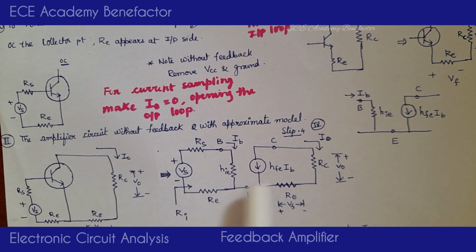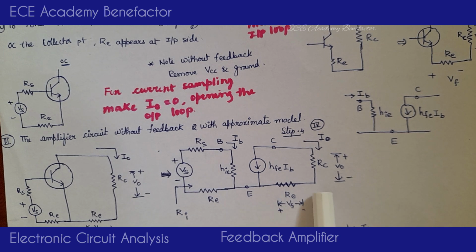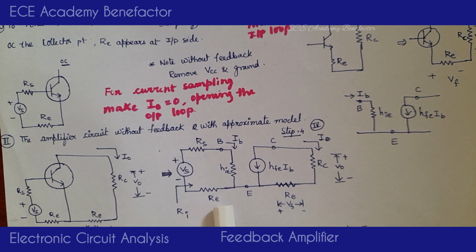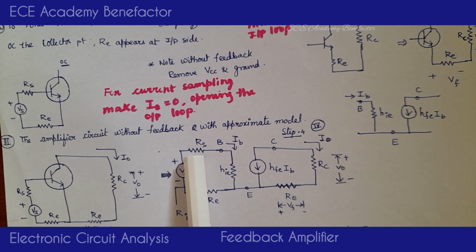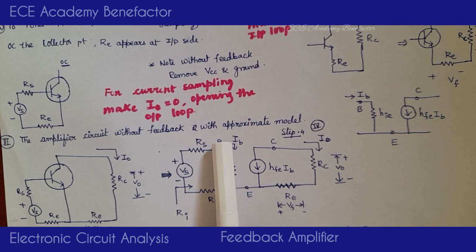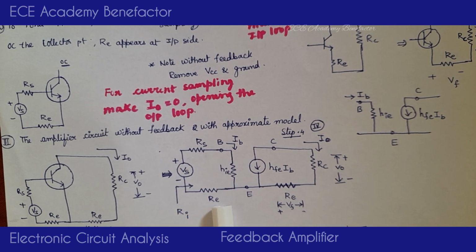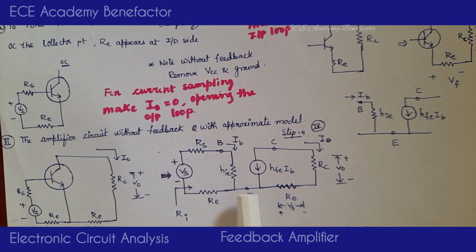So what is the name of this diagram now? This is an amplifier circuit without feedback with approximate H model. So Vs, Rs, HIE, IB current, Re. This is the base point, emitter point, collector point, HFE IB. This is Re across which you are observing.